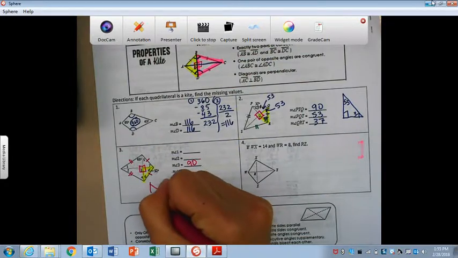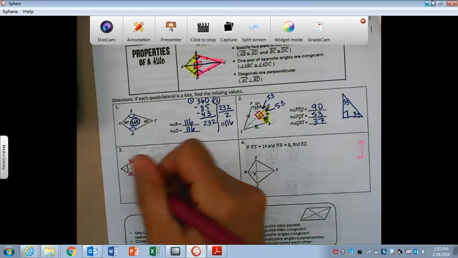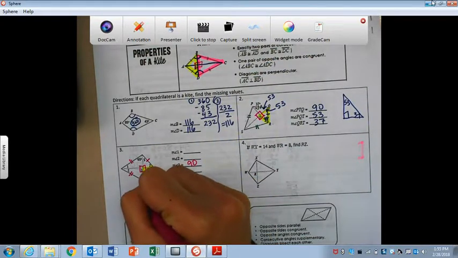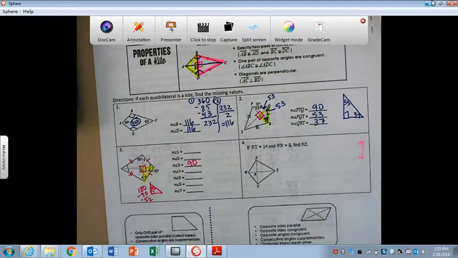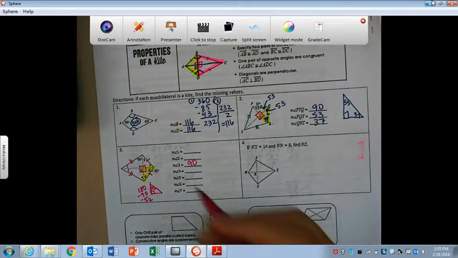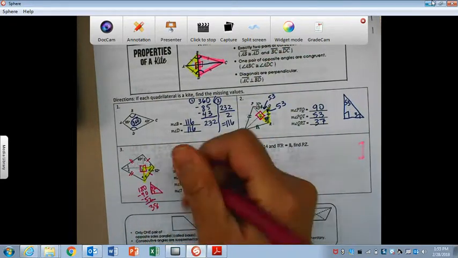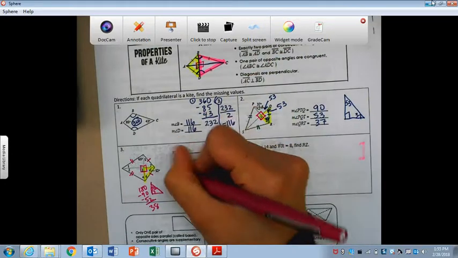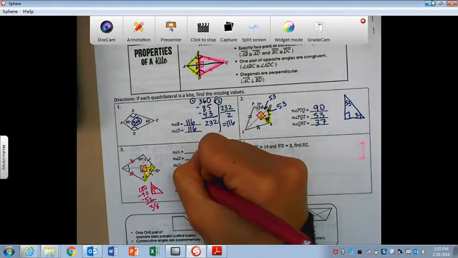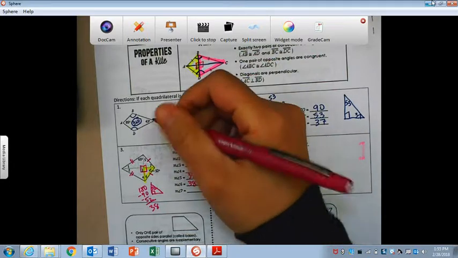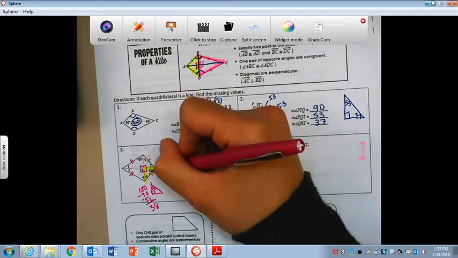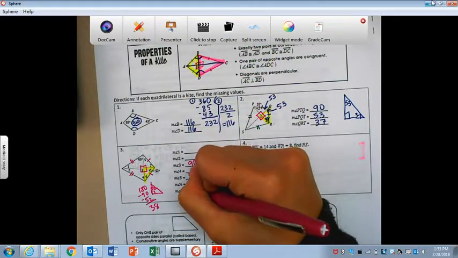So you have a 90 and a 52. So you would go 180 minus 90 minus 52, and you would get 38. So angle 6 is 38. So what is angle 5? Also the same thing, 38. Now angle 7, because again these are isosceles, angle 7 would also be 52.